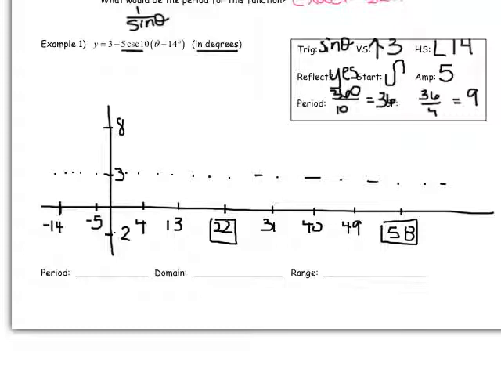All right, now I need to graph a reflected sine. So it's going to start in the middle, and then it's going to go down, middle, up, middle, down, middle, up, middle.